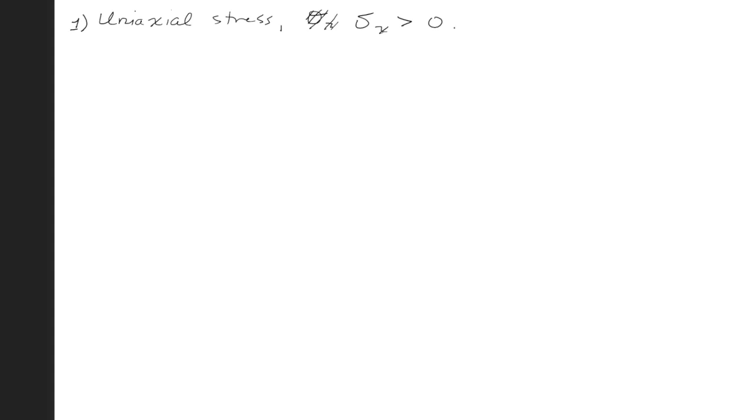And so this means that sigma y equals tau xy equals 0. Let's go ahead and plot that on the circle. The first thing we do is we plot the center point of the circle, which is just sigma x plus sigma y over 2. So this is going to be sigma x over 2.